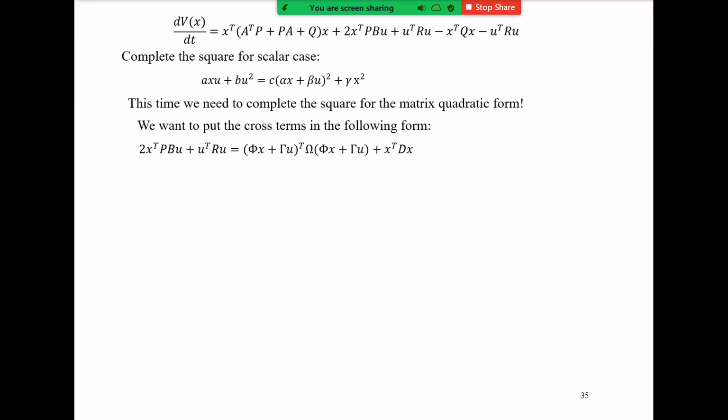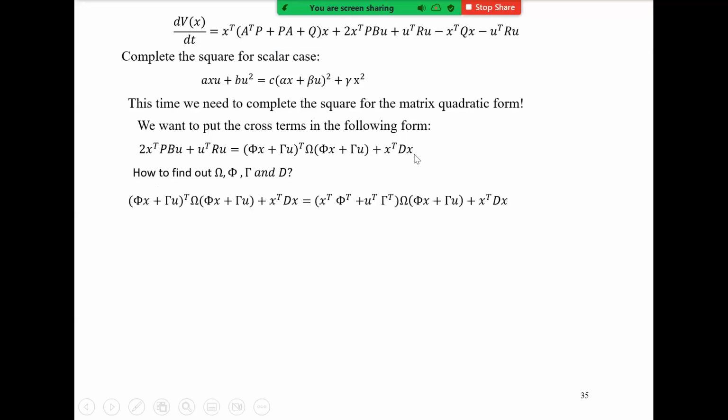I already know the form, so I just expand this, and then this has to be equal to the left side. We will try to find equations for phi, gamma, omega, and d. So let's just expand this step by step.